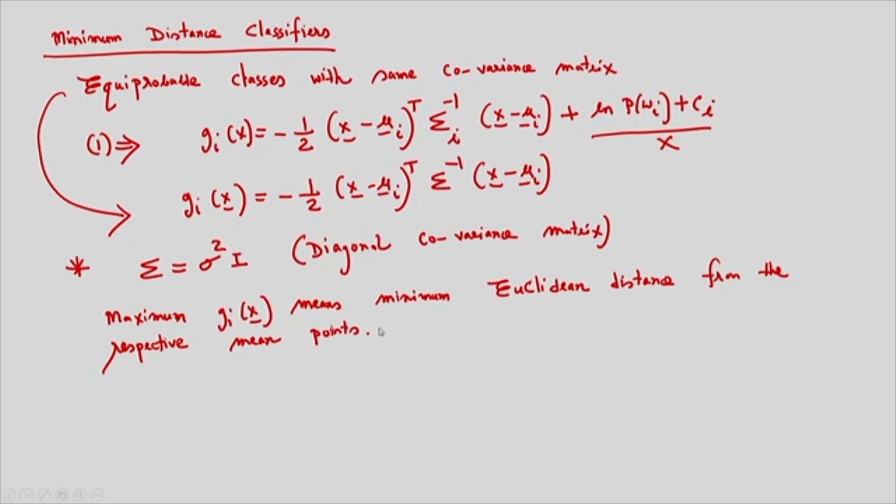This maximum discriminant function means minimum Euclidean distance from the respective mean points.